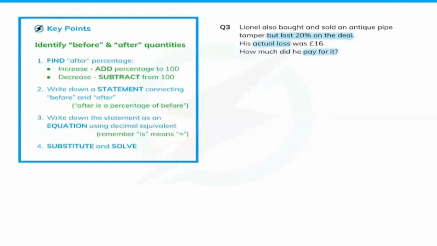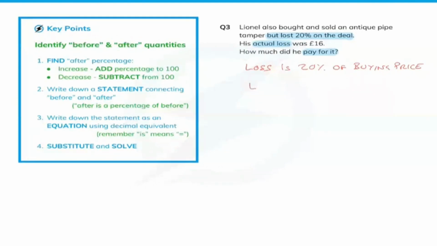So 20% is right, because we're going to say the loss is 20% of what he paid for it. Okay, so the buying price, if you like. So we just need to be a little bit careful sometimes that we are dealing with the right before and after quantities. In this case, it's not the selling price, but we are dealing with the loss.